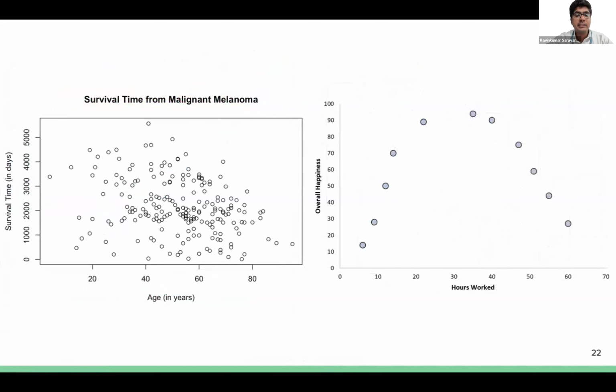See these two figures given on the left side and the right side. Anything you could get out of this figure? There is a relationship between age and the survival time in days. Both are quantitative variables, that is numerical variables, plotted in the graph. Can you infer anything out of this figure?